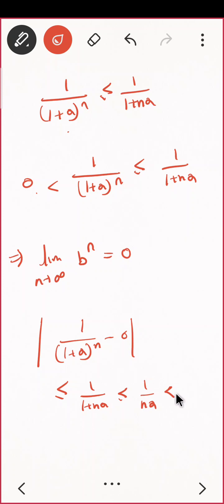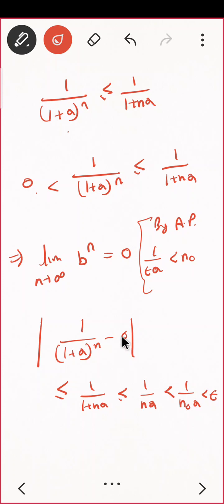So this is less than or equal to 1 upon n naught a, and that is less than epsilon, that is also acceptable. If in between you want to use the Archimedean property, by Archimedean property, what will you do? 1 upon epsilon a is less than n naught. So here you can relate. So whatever you want to do, in both cases you'll be getting limit n tending to infinity b raised to n is equal to 0. Yes.